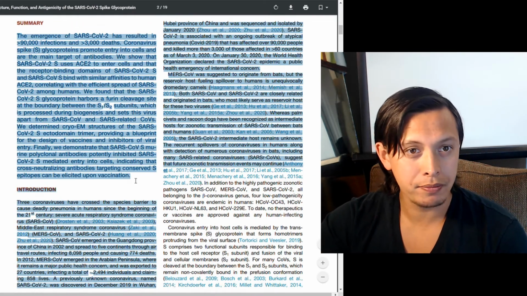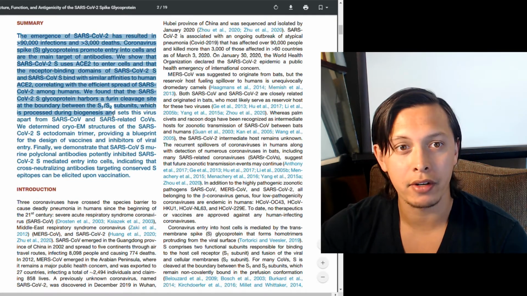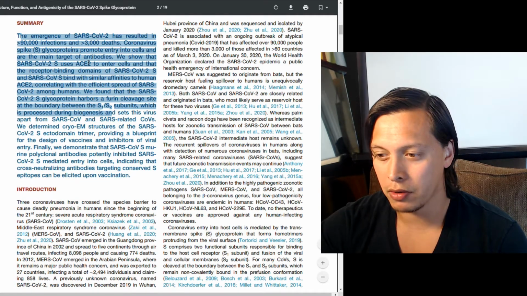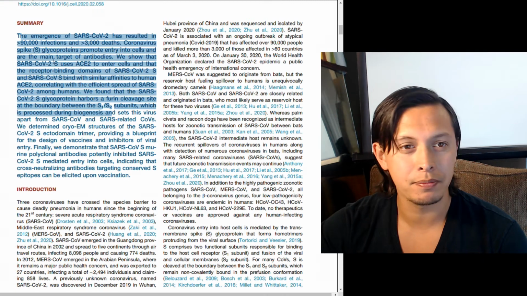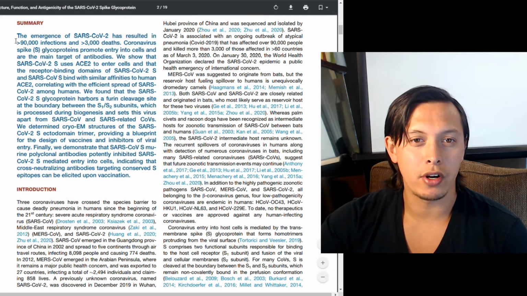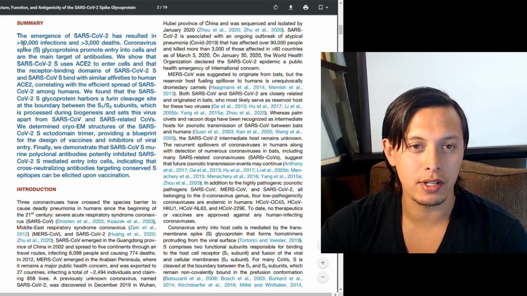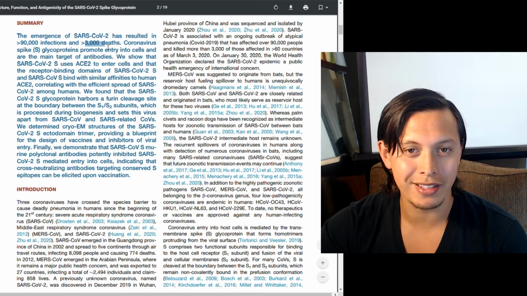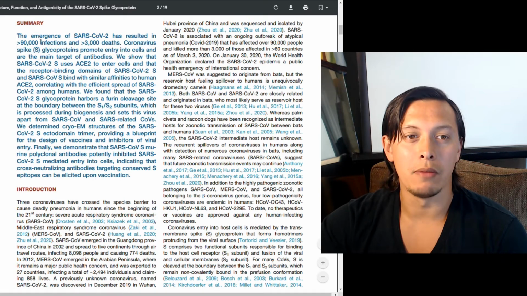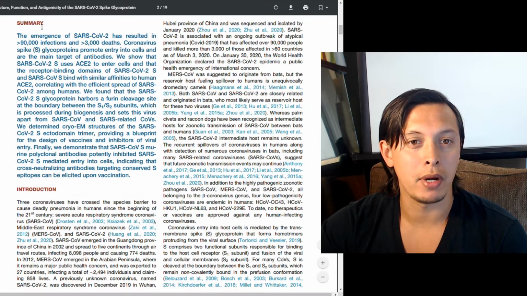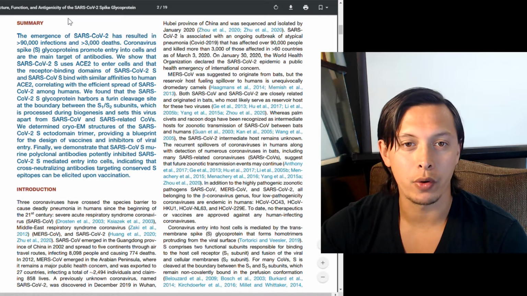the summary. Keep in mind this paper came out over a month ago, so it's a little bit outdated. The emergence of the SARS coronavirus 2 has resulted in over 90,000 infections and 3,000 deaths, which, a month later, those numbers are off by over an order of magnitude now.